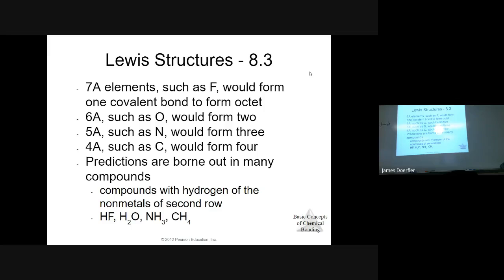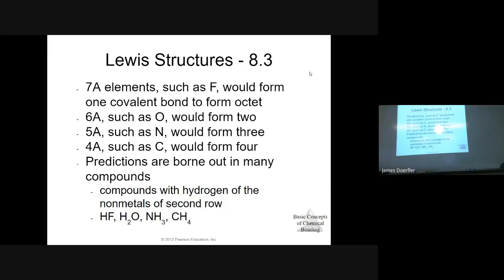For nonmetals, the group number is typically the number of valence electrons that those atoms will have. Like we saw with chlorine, group 7A. Fluorine, chlorine, bromine, iodine, those have 7 valence electrons.